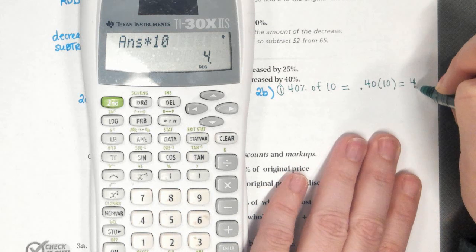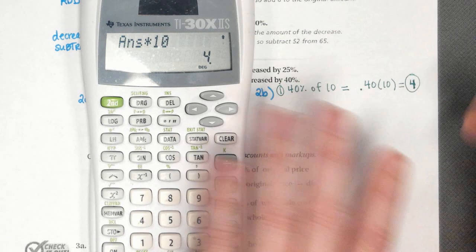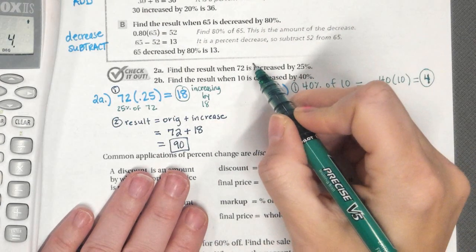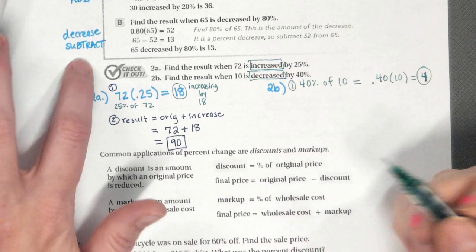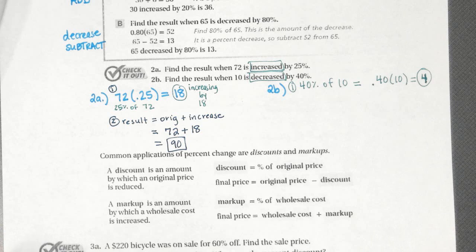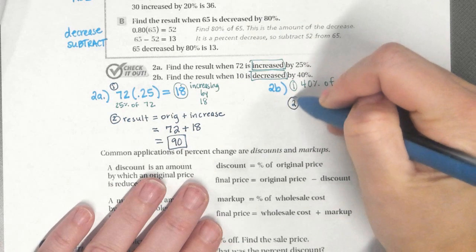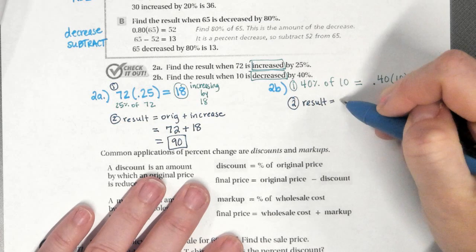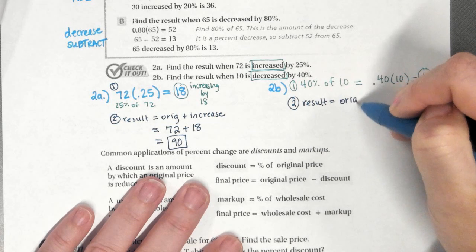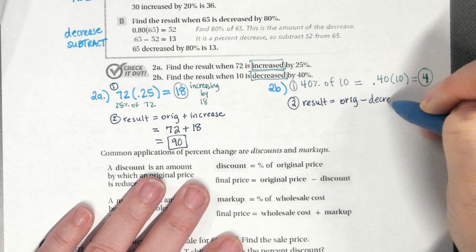Now, is this increasing or decreasing? Good. So this one said increased, this one said decreased. So when you decrease, you're going to subtract. So for step 2, the result is going to be the original minus the decrease.